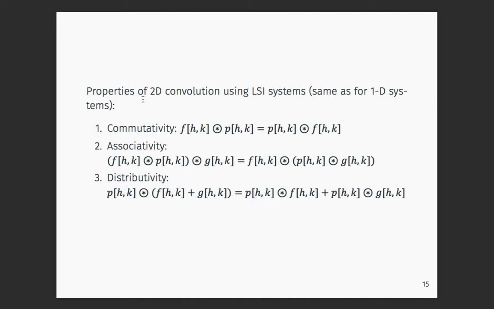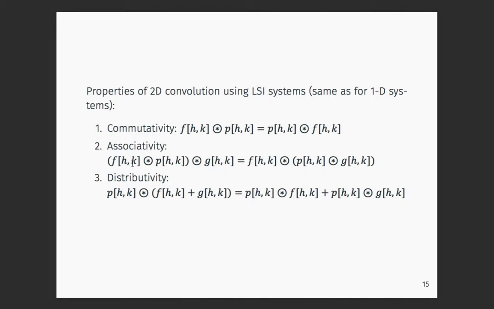One example of what's going on here: if you have two convolutions back to back, for instance, one where you apply a blur, and the second where you apply edge detection.